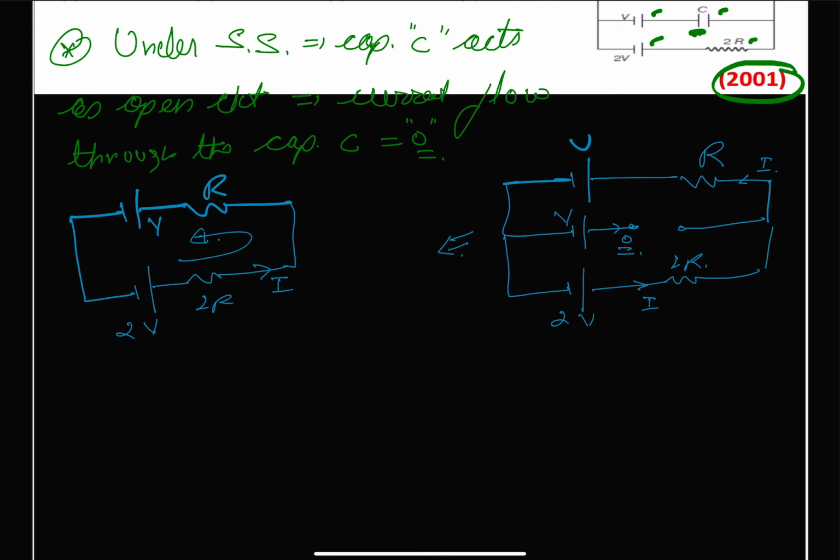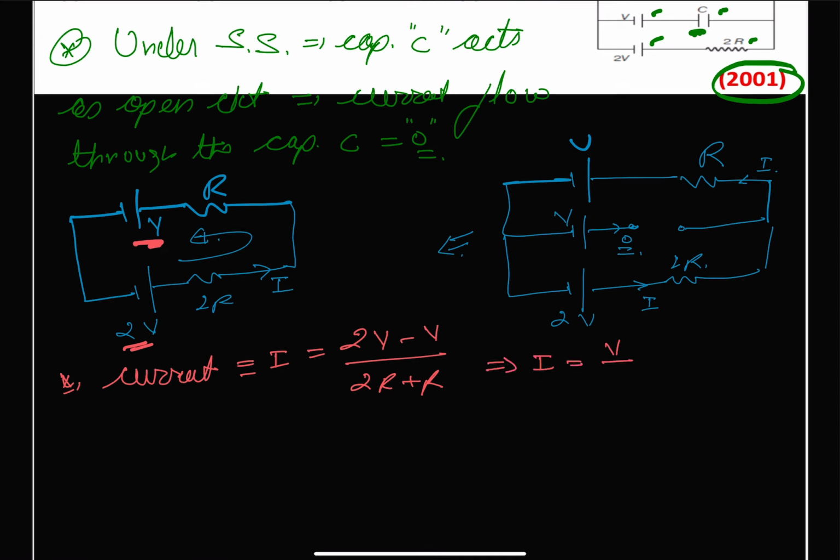So we can say that the current I will be equal to, both the voltage sources 2V as well as V are opposite to each other, so net voltage will be 2V minus V, and the resistances are in series, so this comes as 2R plus R. And we get from here that the current I will be equal to V upon 3R.